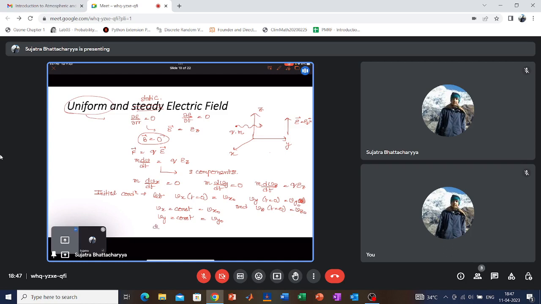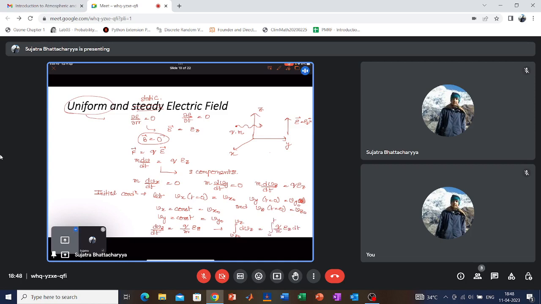So dvz by dt is actually q by m Ez, isn't it? Now if we integrate it from Vz0 to Vz, and this becomes q by m Ez dt from 0 to t.